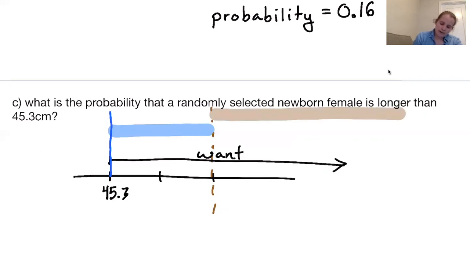So on the left side, we have the left half of the 95% region. And then on the right, we'll just use the entire 50% for the right half of the graph. And we'll just put these together.